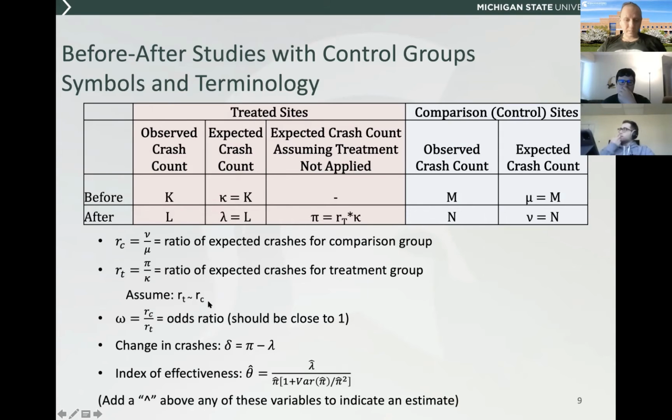Okay. And so our primary quantities of interest are going to be calculated in the same way. And so really the only substantive difference here is that we're taking that before period crash count and we're just multiplying it by whatever that corresponding ratio is. Okay.